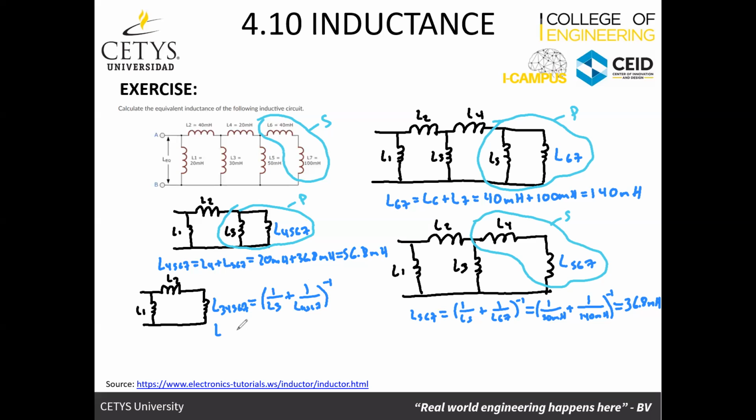This is going to be equal to 1 divided by 30 millihenries plus 1 divided by 56.8 millihenries. Please give me the value of this one. I got 19.6 millihenries. Okay.